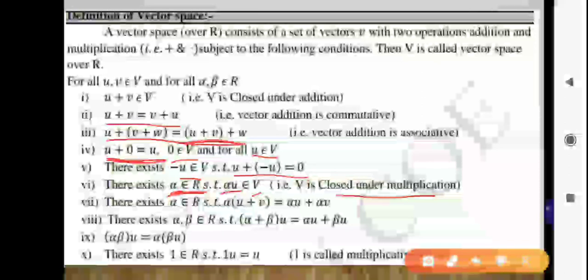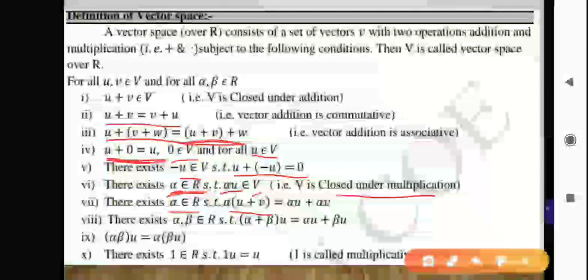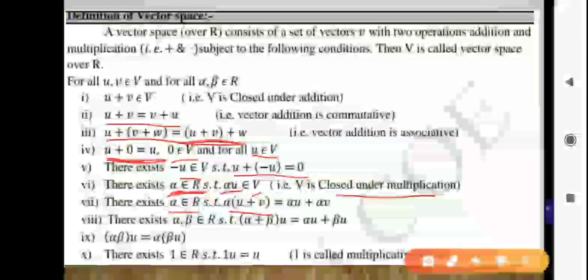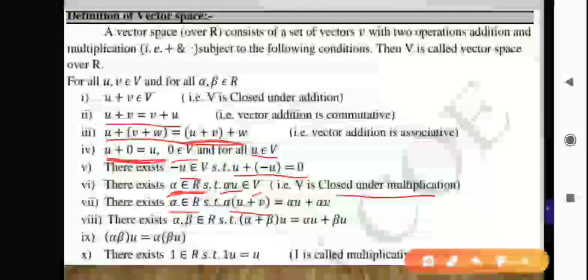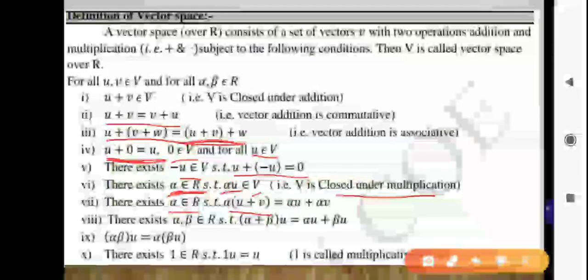Then seventh property, again there exists alpha belonging to R, a real number, such that alpha into u plus v. That means first take the addition of two elements u and v, these elements being from the set V, and then multiply by the real number alpha.